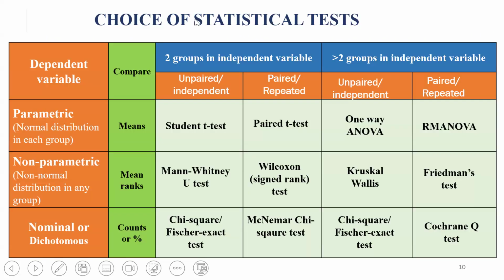Okay, so can you all just follow? Any doubts with any of this covered till now? So this one table, if you just remember, it is more than enough for you.